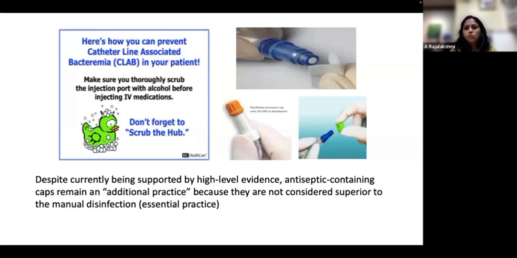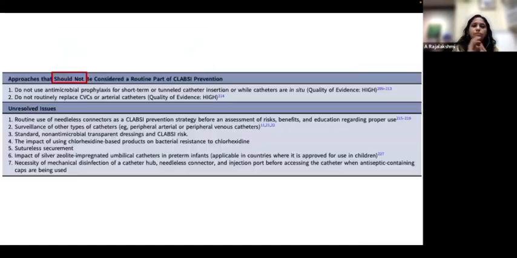And then after a few minutes, you remove that, and with sterile precautions, open the hub and you can start using the port. So this has not replaced the essential practice, which is still the manual disinfection using alcohol swabs, and then you use the scrub the hub technique for a minimum of 5 seconds and clean the hub before you access or administer anything through the hub. This is the most important message that I want to get across.